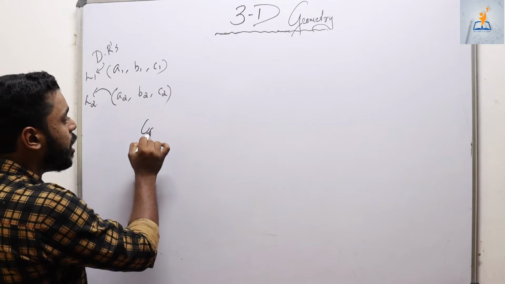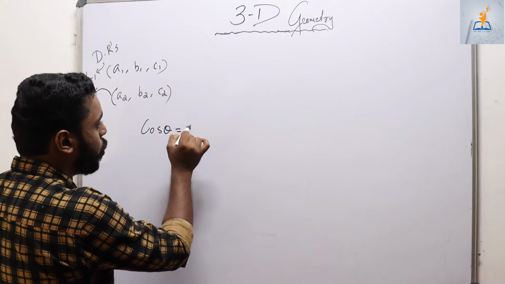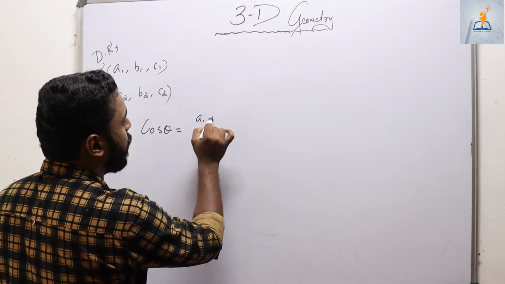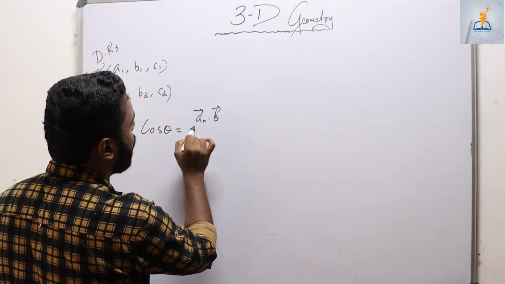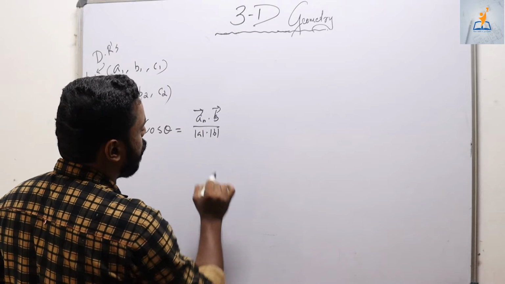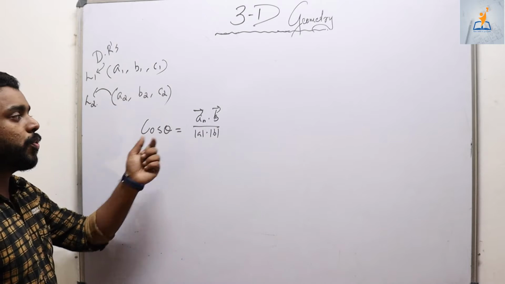Then the angle between these two lines is given by cos theta. We know that A dot B divided by mod A into mod B is the formula to find the angle between two vectors.